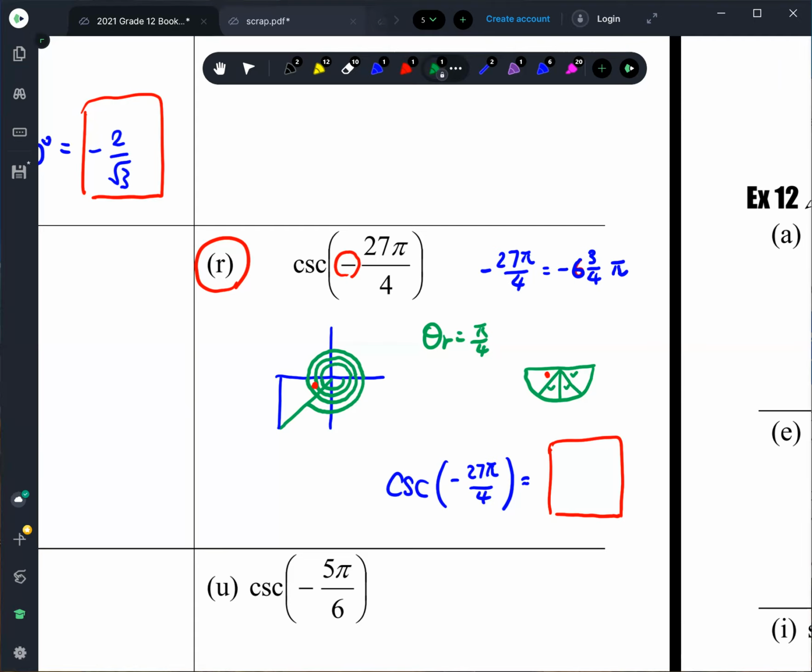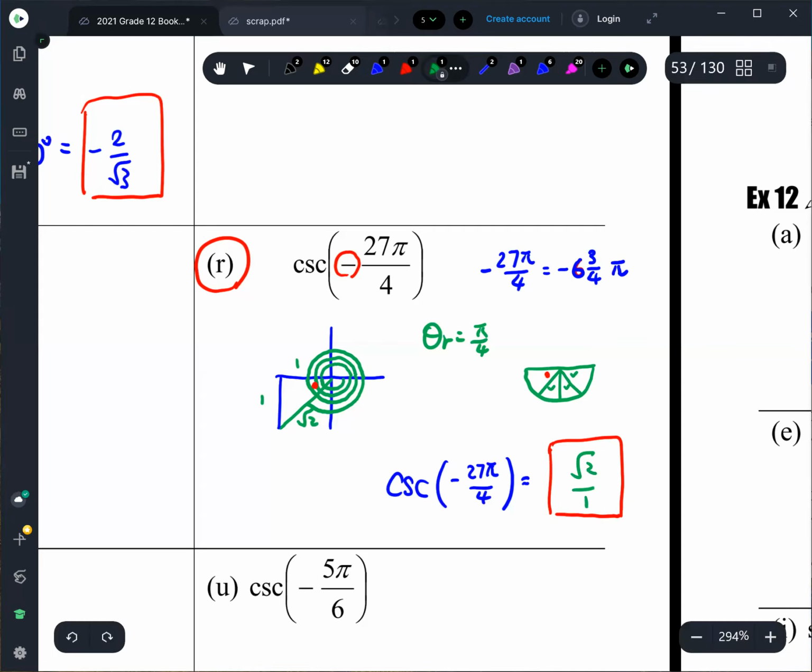Okay, Nick, cosecant is what over what? Hypotenuse over opposite. Cosecant, hypotenuse over opposite. Yeah, okay. So the sides here are 1, 1, root 2. Hypotenuse over opposite should be what, Susan? Root 2 over 1. Yeah, root 2 over 1.